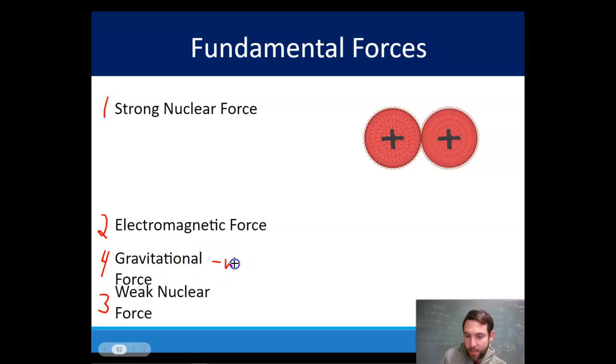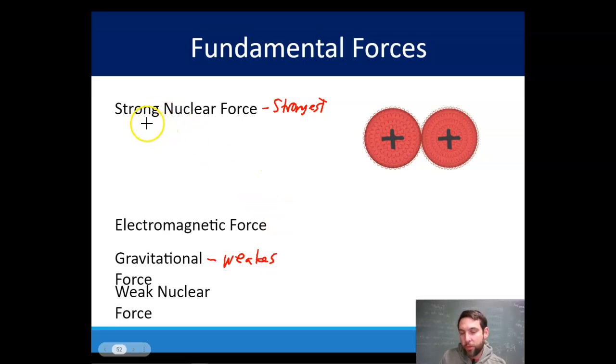Gravity is the weakest, and the strong nuclear is the strongest. If you needed to decide which was stronger between the electromagnetic force and the weak nuclear force, the weak nuclear force is weaker, so the electromagnetic force is stronger. So this is the weakest.